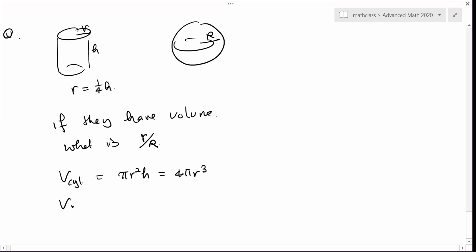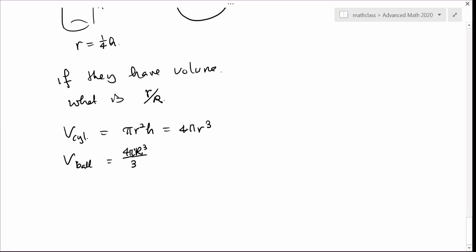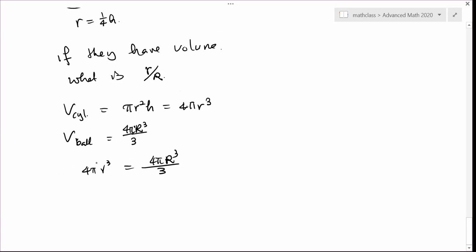The volume of the ball is 4 pi capital R cubed divided by 3. So 4 pi r cubed equals 4 pi capital R cubed divided by 3. The 4 pi cancels out, and little r cubed over capital R cubed is going to be 1/3.